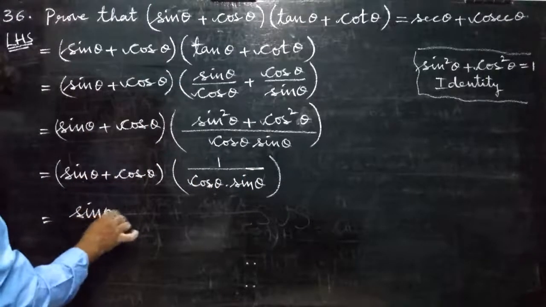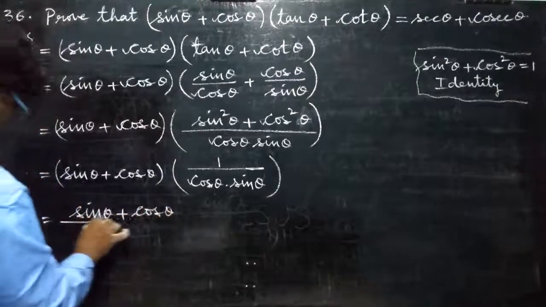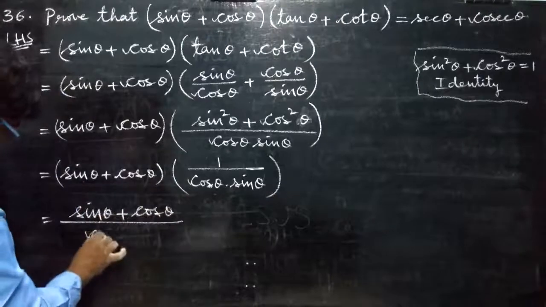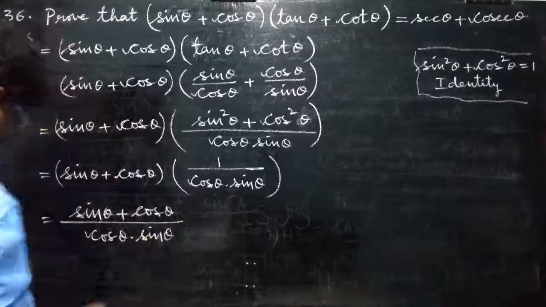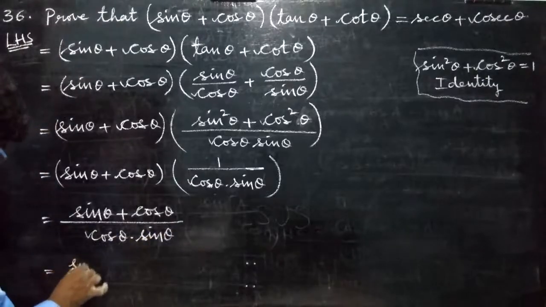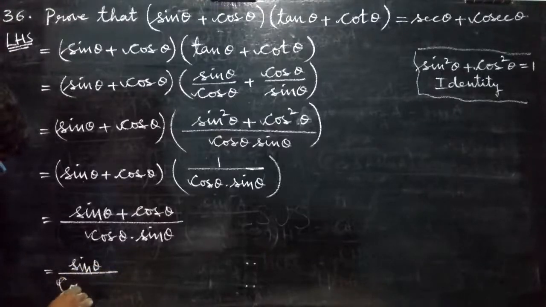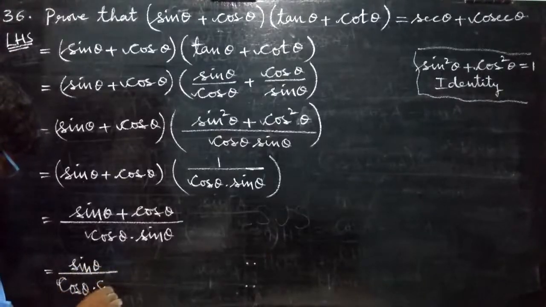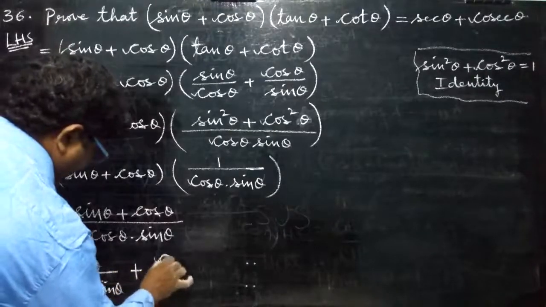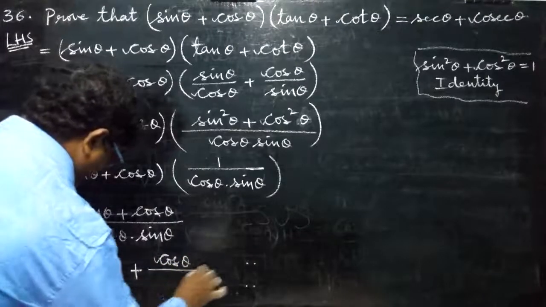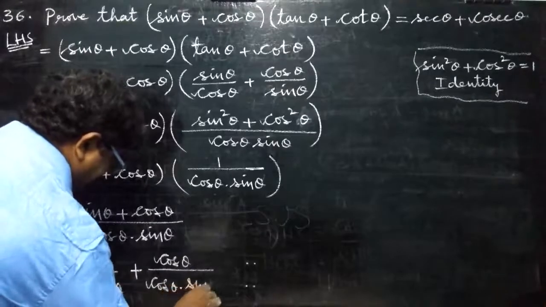So sin theta plus cos theta divided by cos theta into sin theta. Now separate: sin theta by cos theta into sin theta, plus cos theta by cos theta into sin theta.